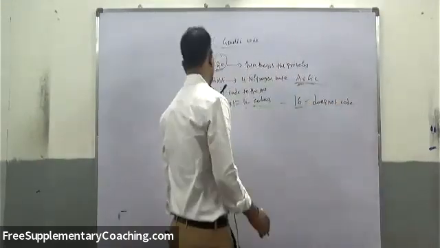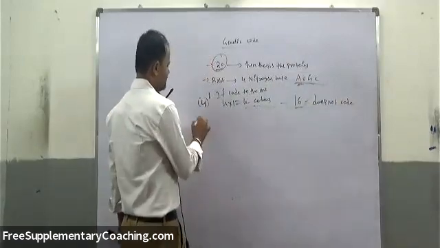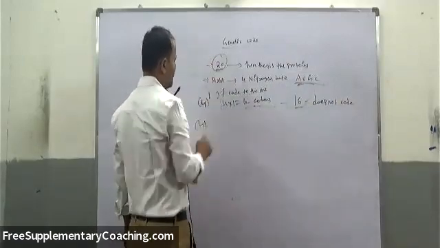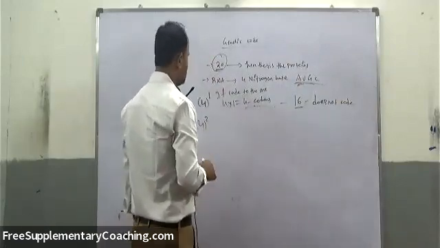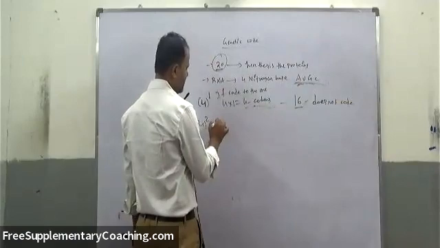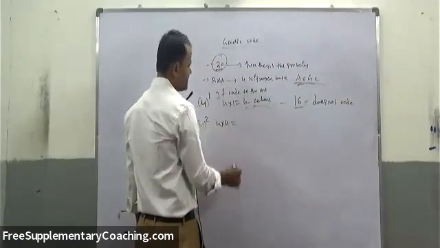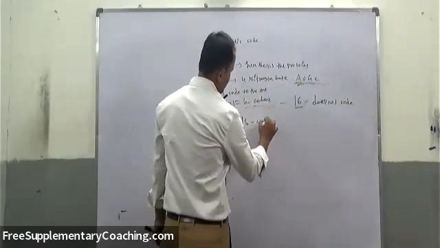Then next, if the nitrogen bases code the amino acids with 2 letters, how many codons are formed? 4 into 4, which means 16 codons are formed, right?